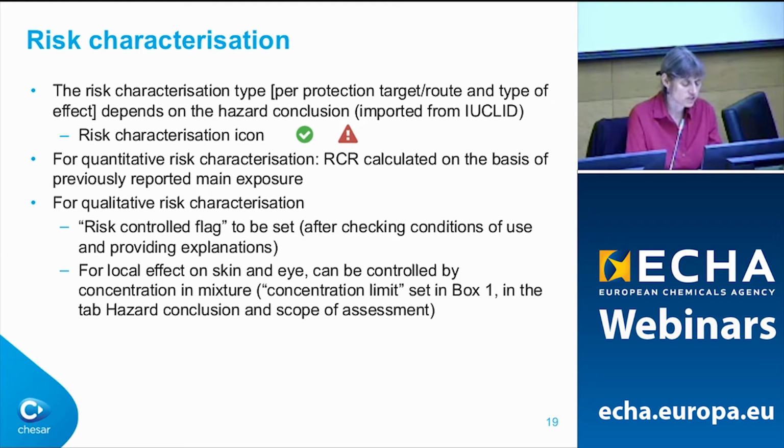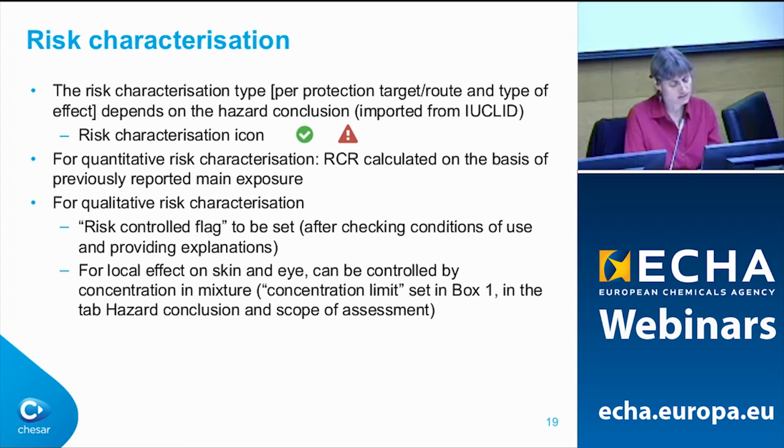So for quantitative risk characterization, there is the RCR, which is calculated on the basis of the previously reported main exposure and the PNEC or the DNEL. And the tool understands that if the risk characterization ratio is above 1, it gets a red flag. If it's below 1, it gets a green flag.